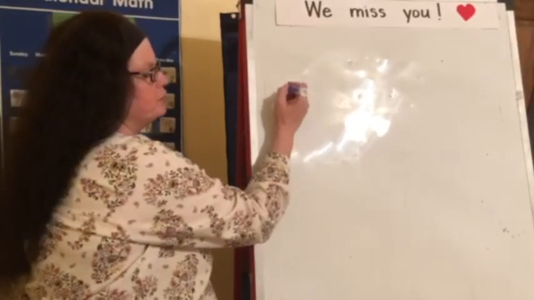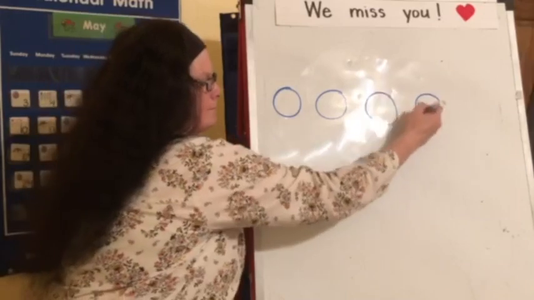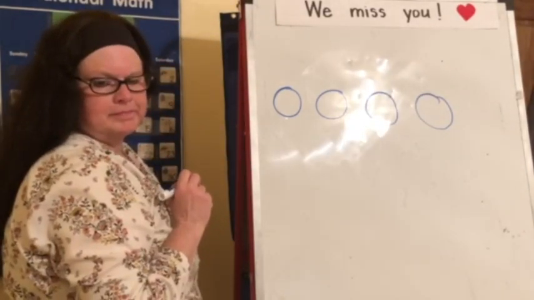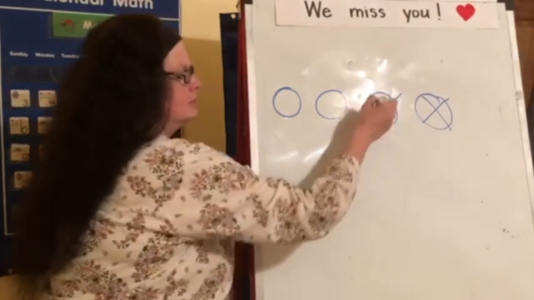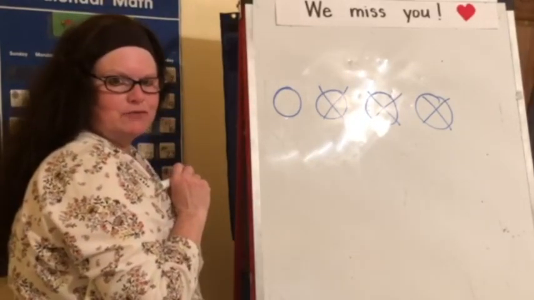Let's do 4. We'll start with 4 circles. We're going to cross out 3. Go ahead and try to make that number sentence for me.